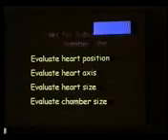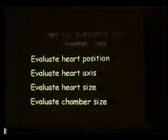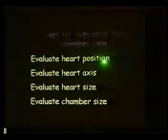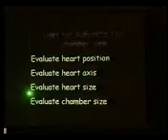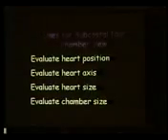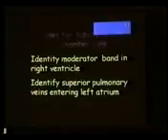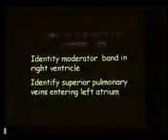Now we move from the apical four-chamber view to the subcostal view. Why do we need that? The uses of the subcostal view overlap with the apical view as well: evaluate the heart position, the heart axis, the heart size, and the four chambers. But it also identifies the moderator band and the pulmonary veins entering the left atrium.